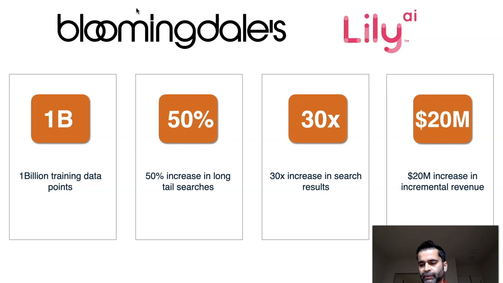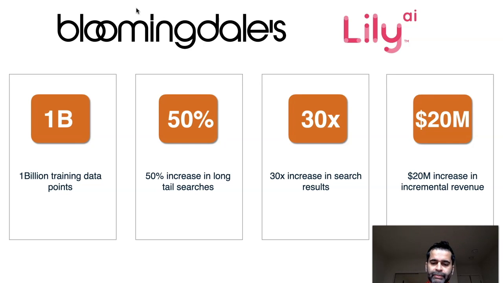As I showed in an example before, when people were searching for sequin dresses, they were only getting 10 to 20 search results, even though Bloomingdale's has 200 plus dresses. Now, with enriched product data, they saw a 30x increase in search results, which are more relevant, higher quantity, and better quality. They saw better conversion rates, which led to a 20 million increase in incremental revenue. So think about that, it is a huge, huge uplift.